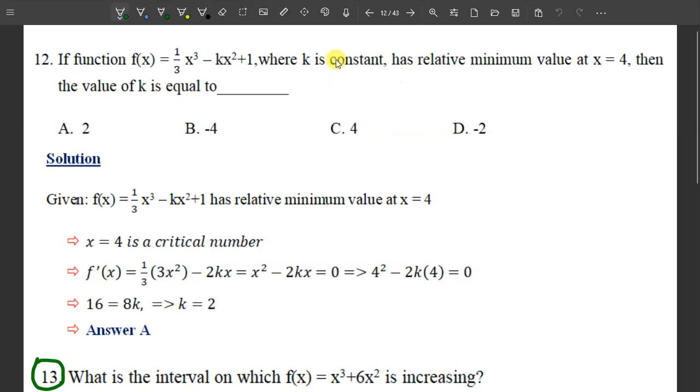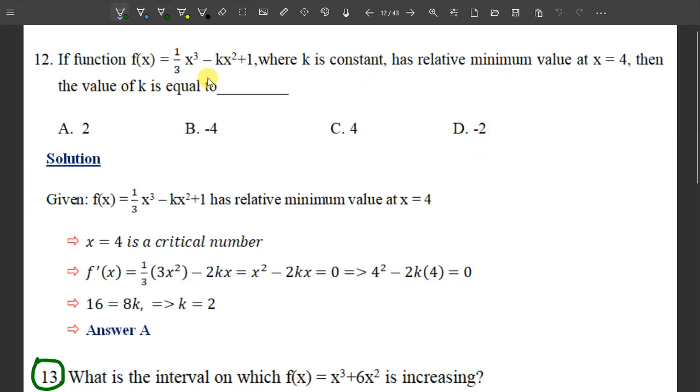Here we have been told this function has a relative minimum value at x is equal to 4. Therefore, x is equal to 4 must be a critical number. The derivative of the function at this critical number must be equal to 0.